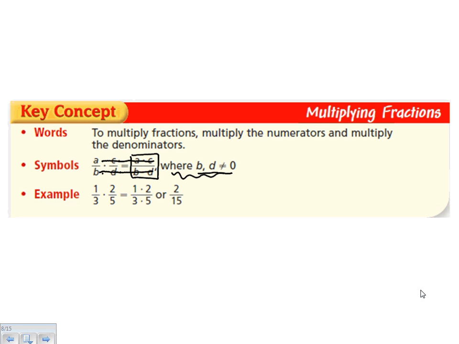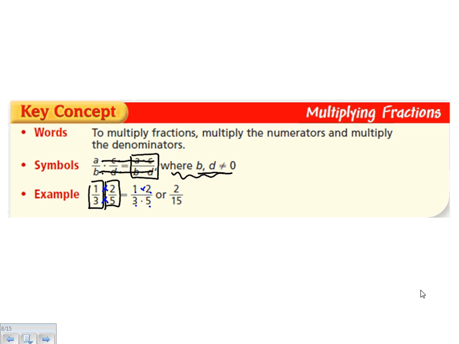Okay, so let's look at it with some numbers in there. I have 1/3 times 2/5. We just talked about multiplying the numerators and multiplying the denominators, right? So we have 1 times 2 and 3 times 5.